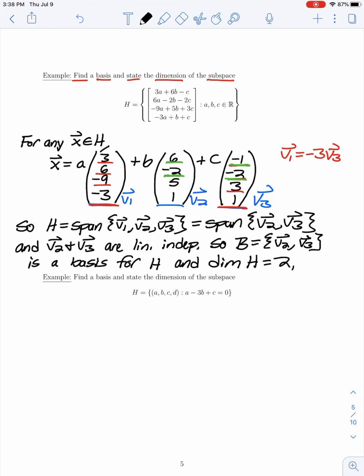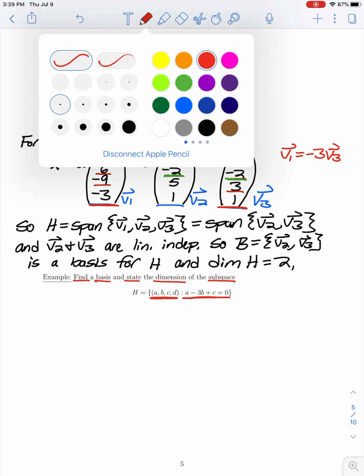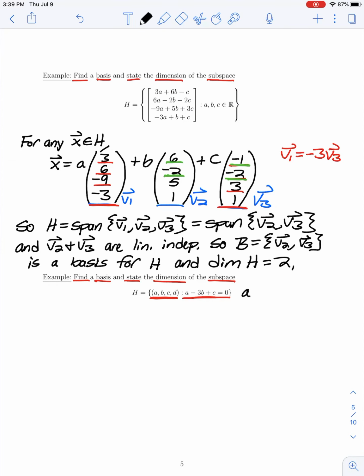So in our next example, we've got the same sort of problem. We're asked for a basis and the dimension of the subspace H, which consists of vectors in R4, A, B, C, D, where these coefficients, A, B, and C, are related by the following equation, which can be rewritten as A is equal to 3B minus C. All right.